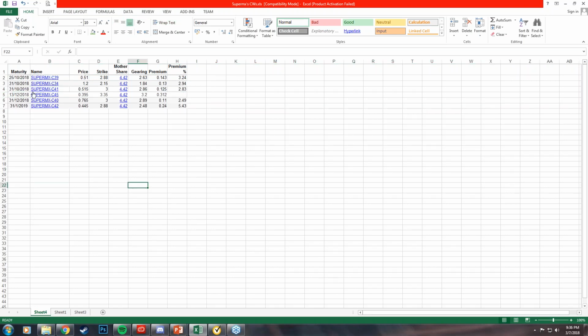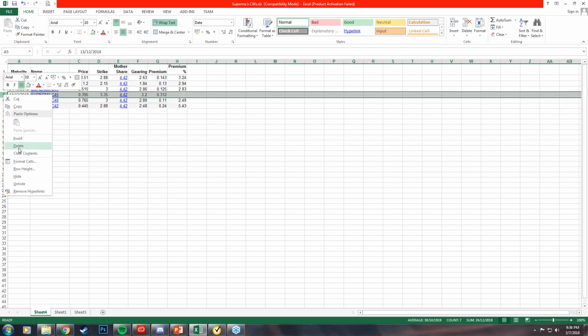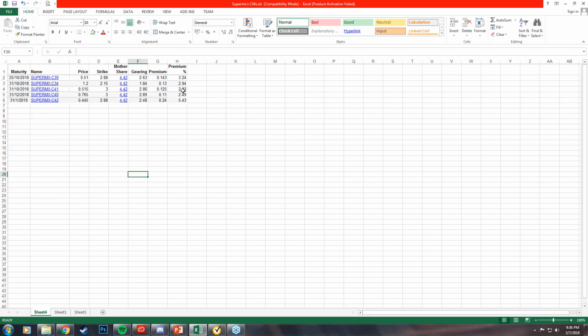So you're down to, why don't we just delete this out? Okay, so this is odd. So you're down to these 5 warrants with relatively lower premium, and then you choose among them the one with the higher gearing.